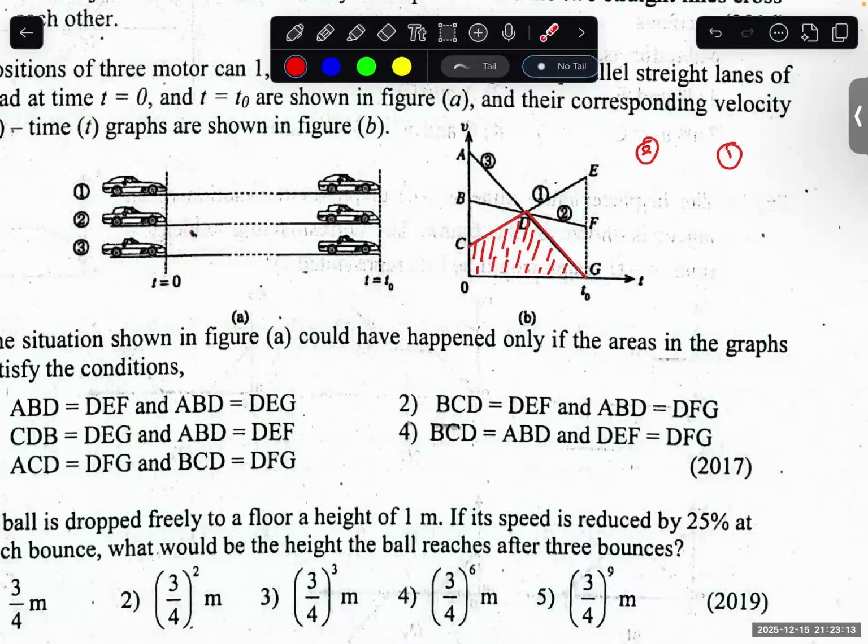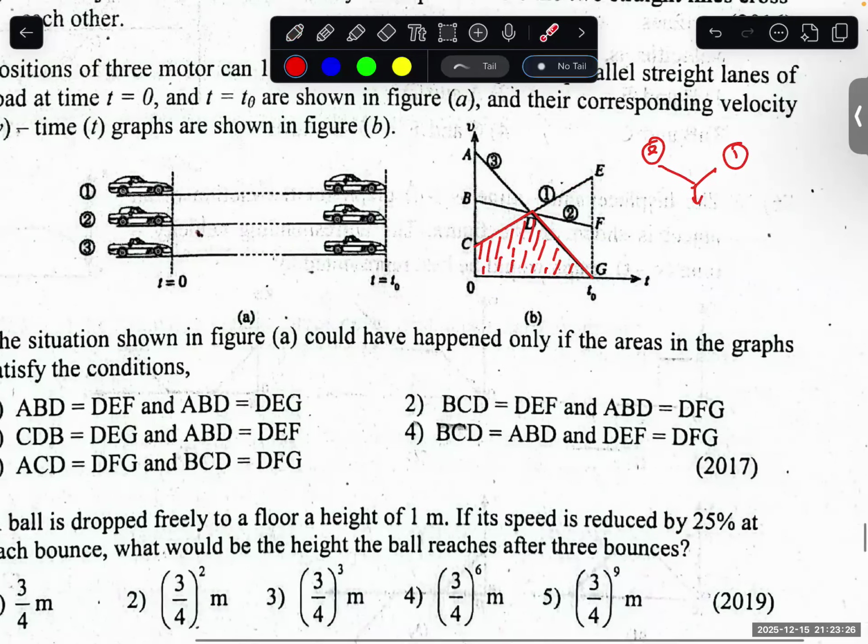For second graph and first graph, are there any segments that are common? BCD. First and second, first is this. Second is this. So common segment is this, right? Yes. D, F, G. So the other segments should be equal because they are not common. Then only the area will be equal, right? You get the idea?